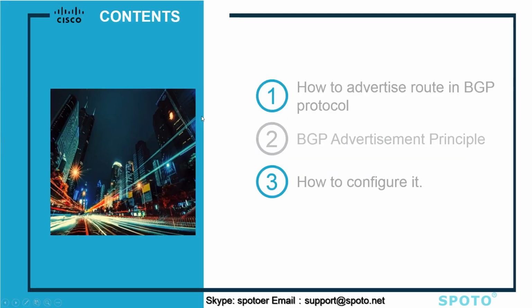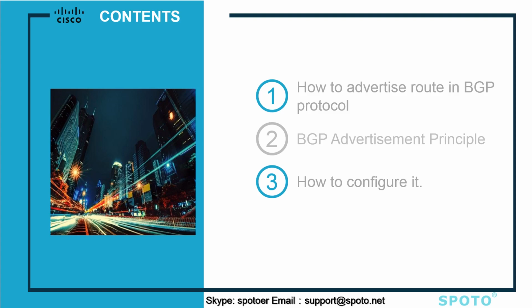Last week, we talked about the basic knowledge of the BGP protocol, and we learned what the BGP protocol is. In BGP, we have two different neighbor relationships and how to configure them. This week, we're going to talk about the BGP Advertisement Principle. We will discuss three parts.